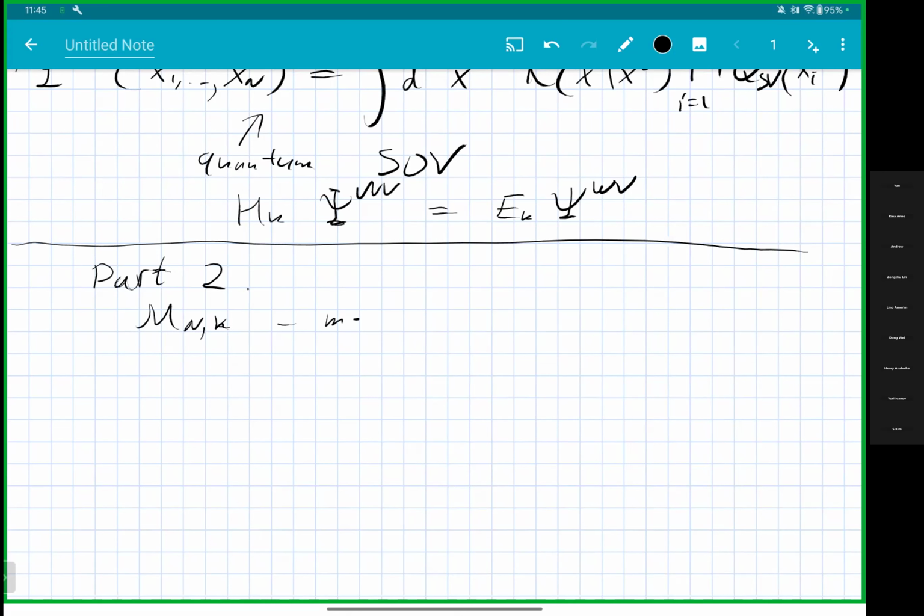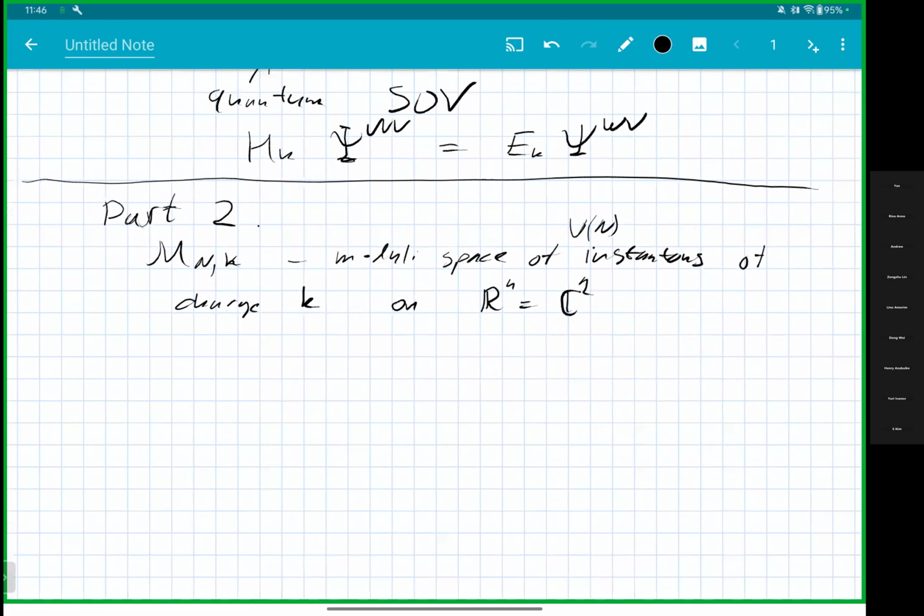One name is the moduli space of U(N) instantons of charge K on R^4 = C^2, which is given by an ADHM clear description.